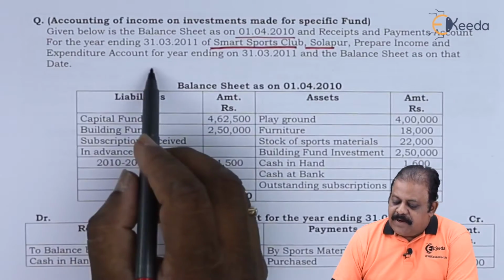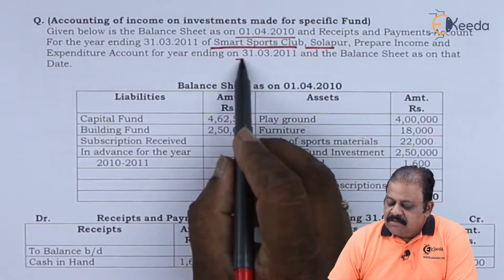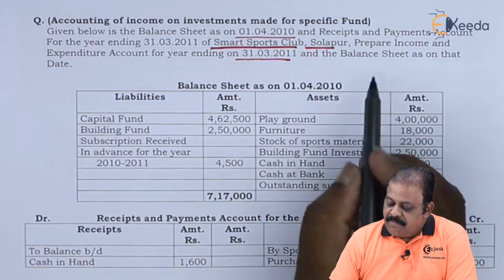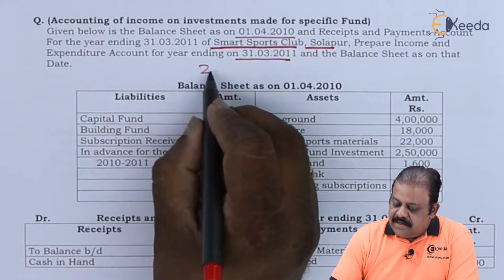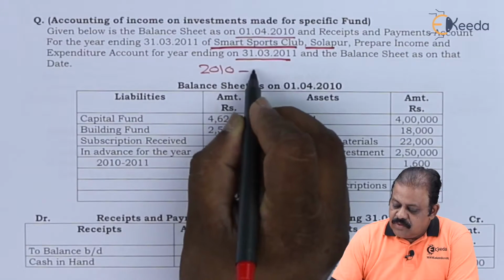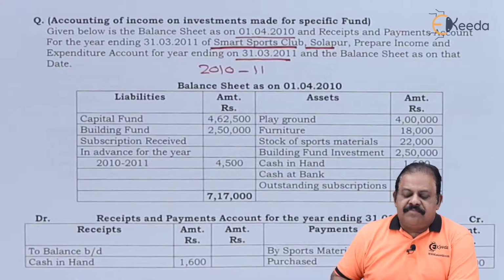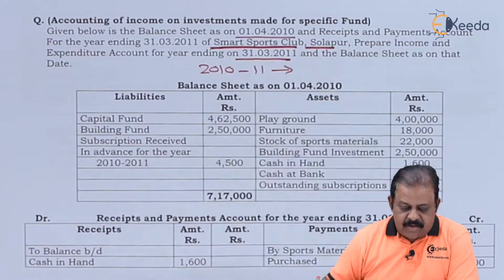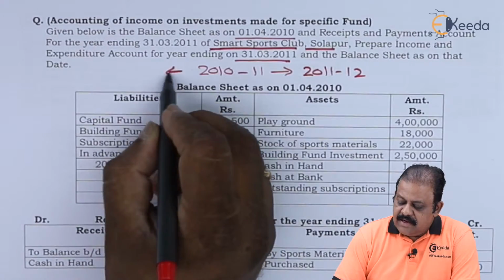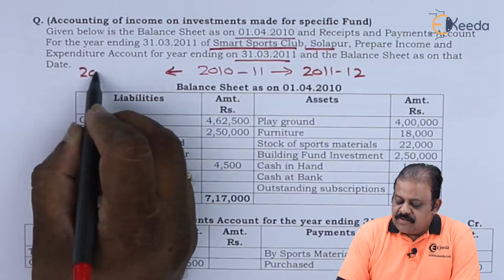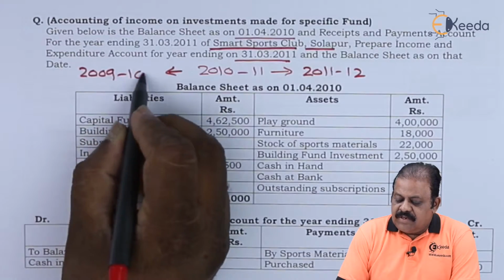Prepare income and expenditure account for the year ending 31st March 2011 and balance sheet as on that date. Here the current year is 2010-11. Next year will be 2011-12 and the previous year is 2009-10.